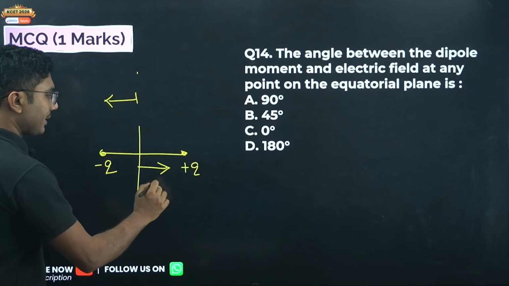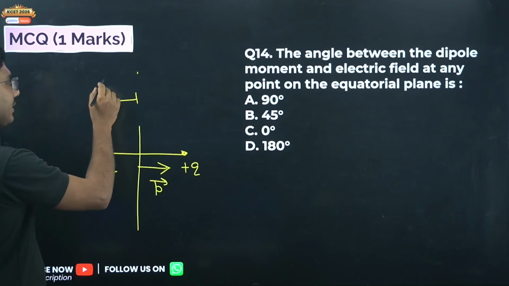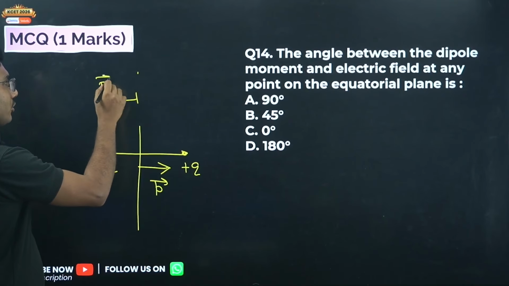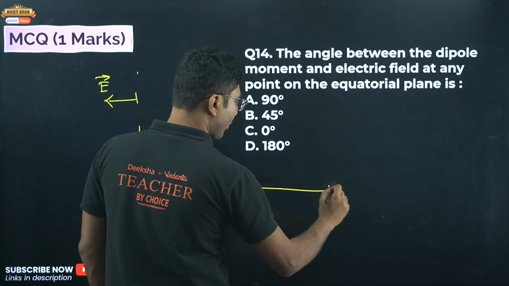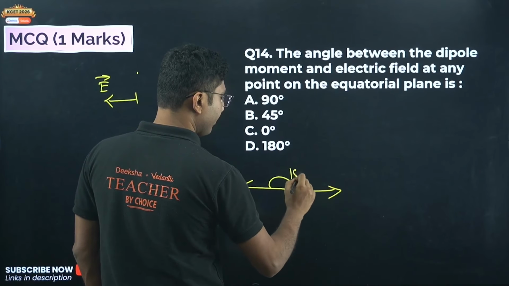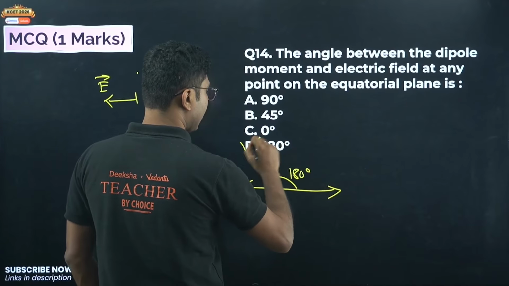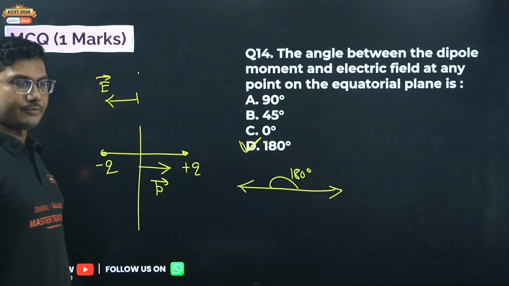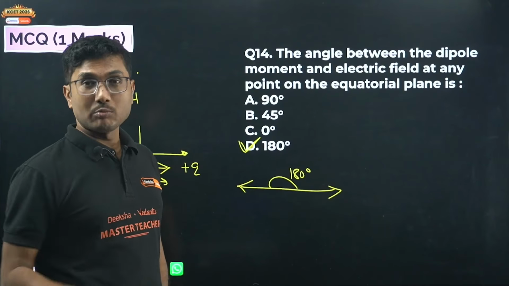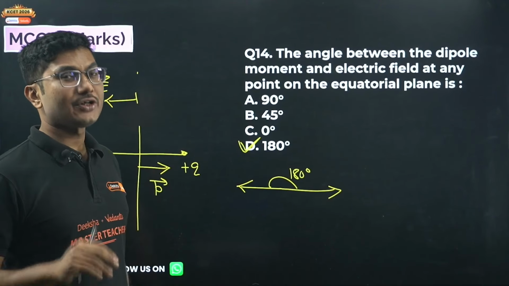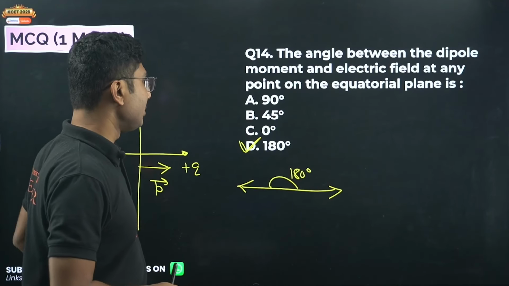So the dipole moment is from negative to positive, the electric field is from positive to negative. So the angle between these two, when you draw from a single point, will give you 180 degrees. So the correct answer is 180 degrees. For the axial case, the angle is 0 degree. The dipole moment and electric field are in the same direction, so in that case the angle will be 0 degree.